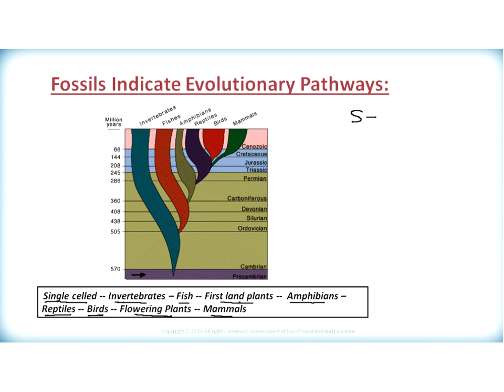Write down S, invertebrates, fish, first land plants, amphibians, reptiles, birds, flowering plants, and mammals.